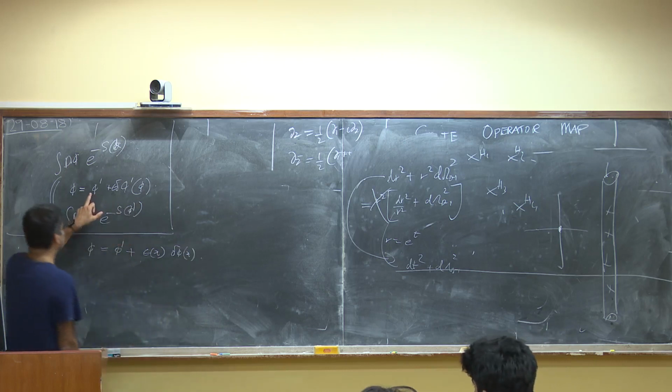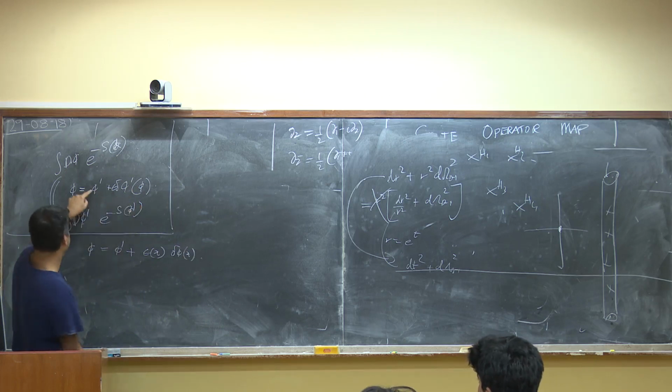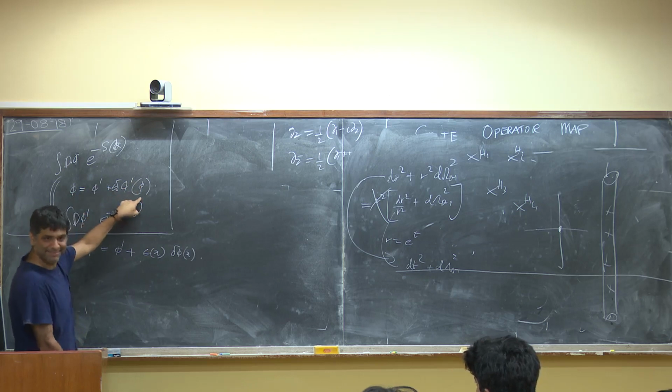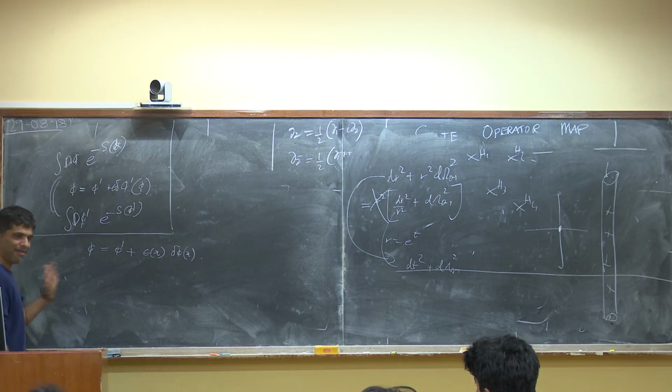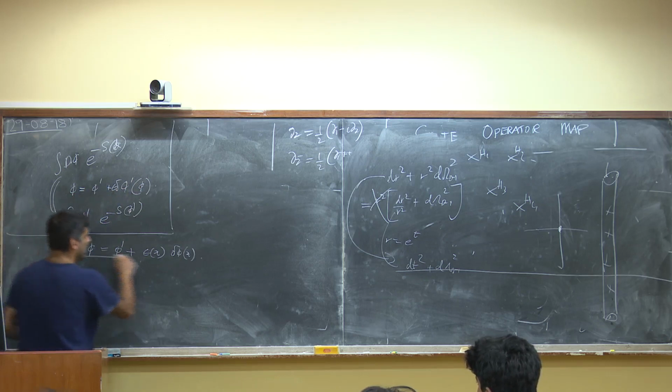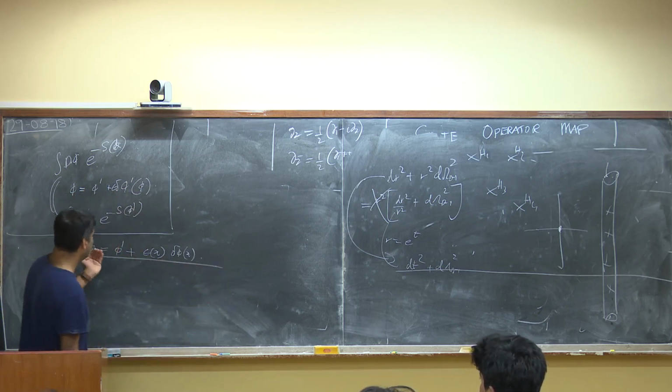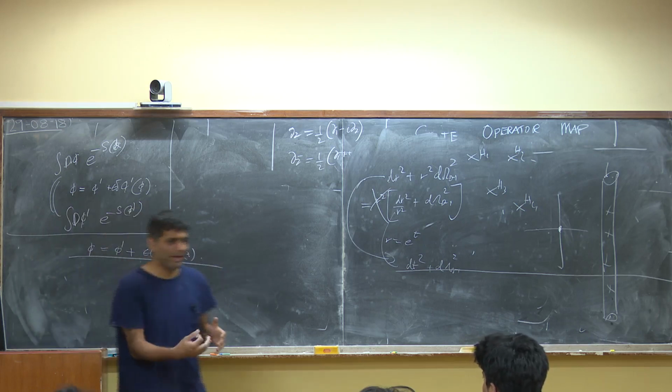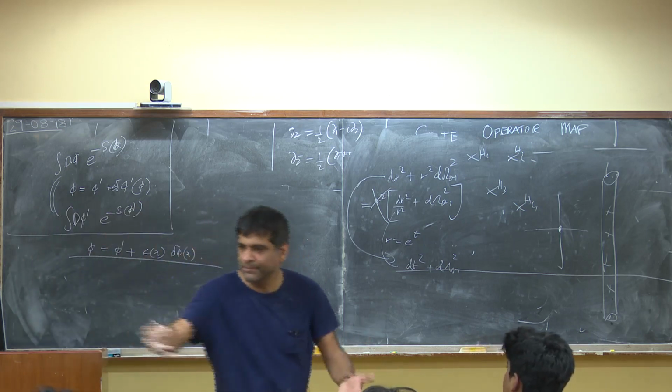Okay? So what I did not say is that we expect this rule to be local. That this phi prime here should only depend on phi prime at the same point or in the neighborhood. Okay? So now what we do is to take this transformation and make this epsilon, whatever it was, just some function.